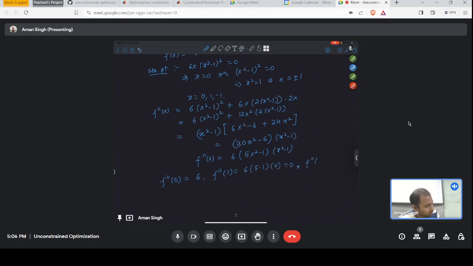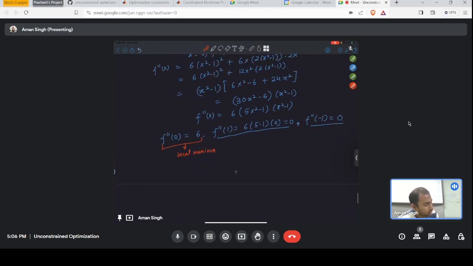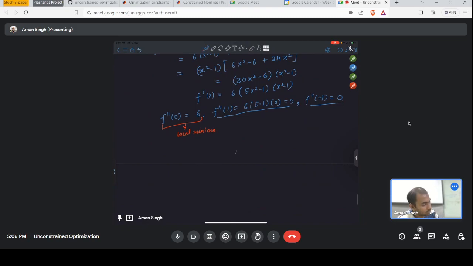And f double dash minus 1 is again 0, right? So we can't say anything about these, but x equal to 0 is definitely a local minimum. For the others, we'll have to do further differentiation.